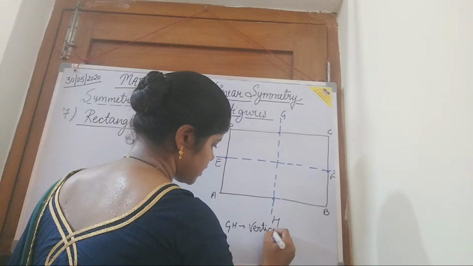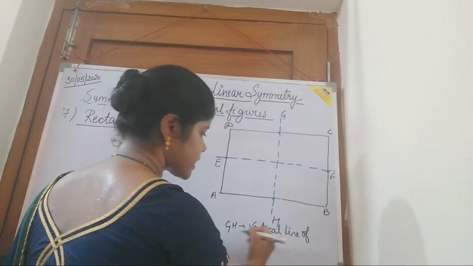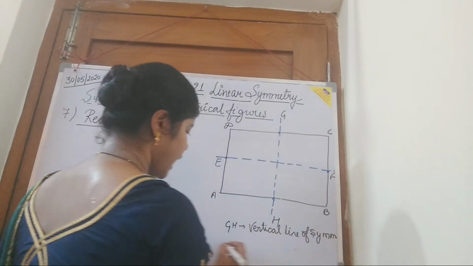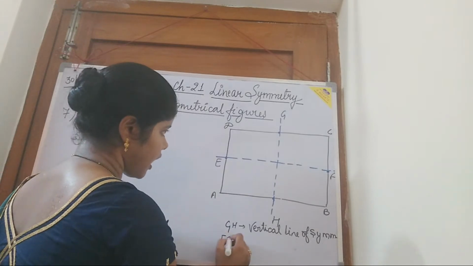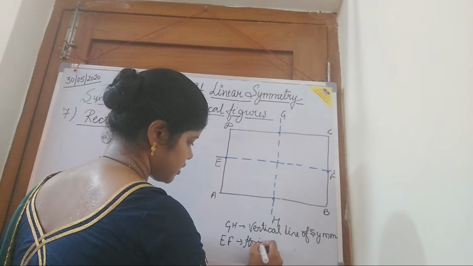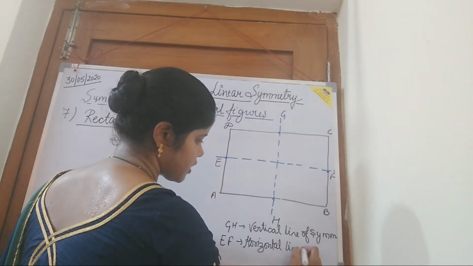This GH is the vertical line of symmetry, or you can write it as a vertical axis of symmetry, and here EF is the horizontal line of symmetry.